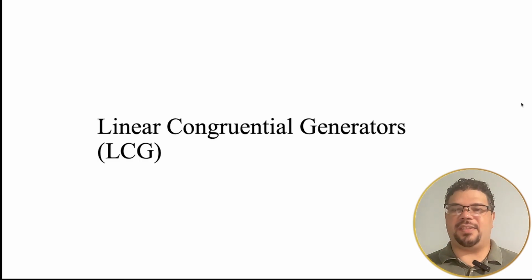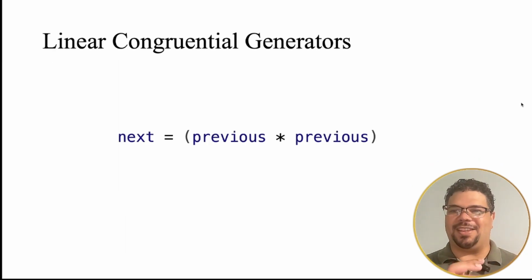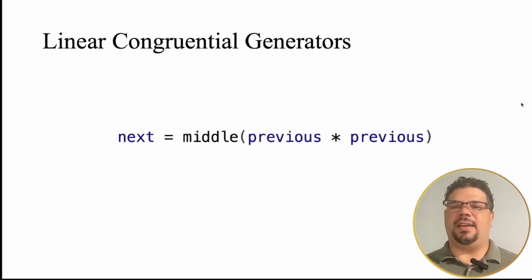And that's what brings us to linear congruential generators, LCG for short. These are popular random number generators that can give us very large cycles if tuned correctly. So how do you make an LCG? Well, if we start looking at the core of our middle squared algorithm, the squaring is you take the previous number and you multiply it by itself, and then we're going to pull out the middle few digits.